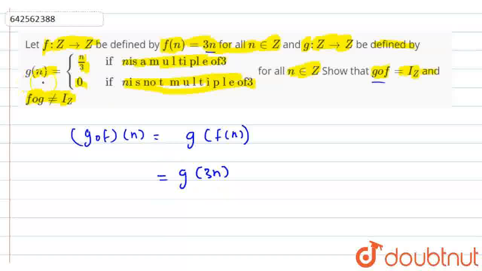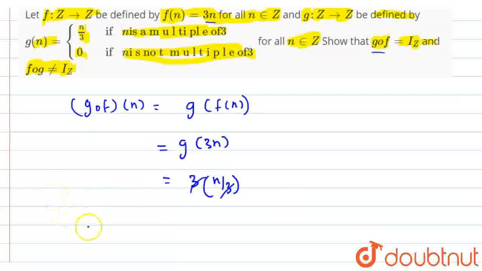So in the given function, if n is a multiple of 3, then the function to use is n by 3. So the value we attain is 3 into n by 3. Here 3 and 3 get cancelled. So finally I arrive at g of f of n is equal to n, which is the identity on the integer set Z. So we have proved one part of the proof.